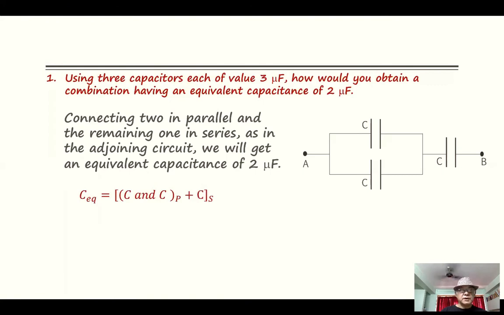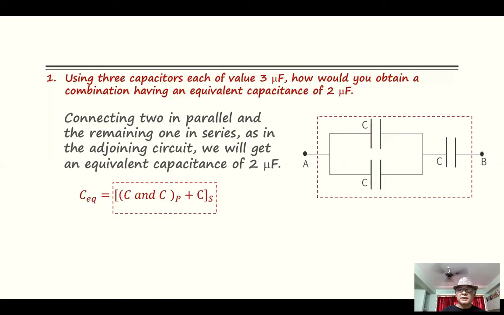C subscript EQ, EQ stands for equivalent, is equal to C and C in parallel and another C in series with the parallel combination. So we have shown the C and C in parallel, then the other C in series with the parallel combination.